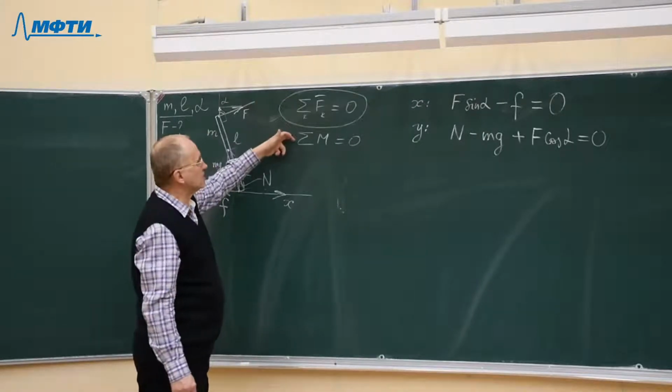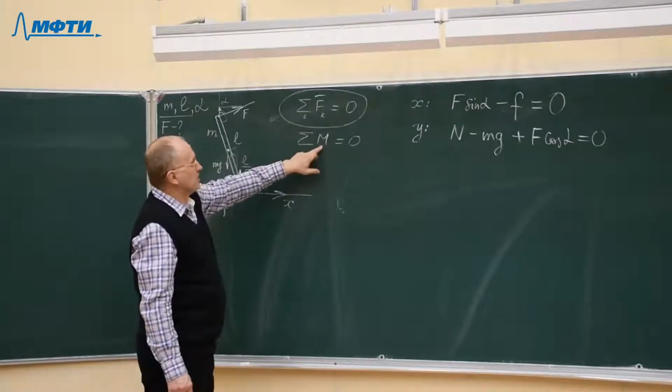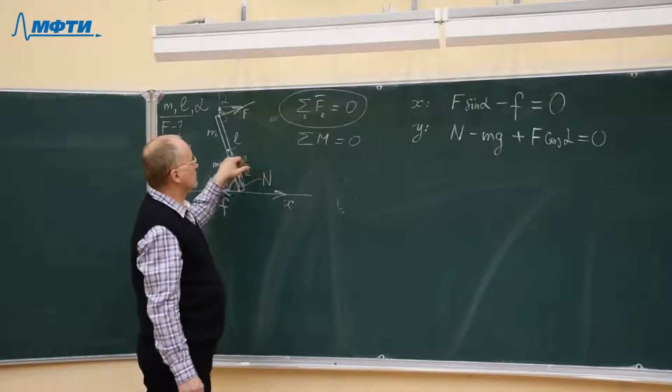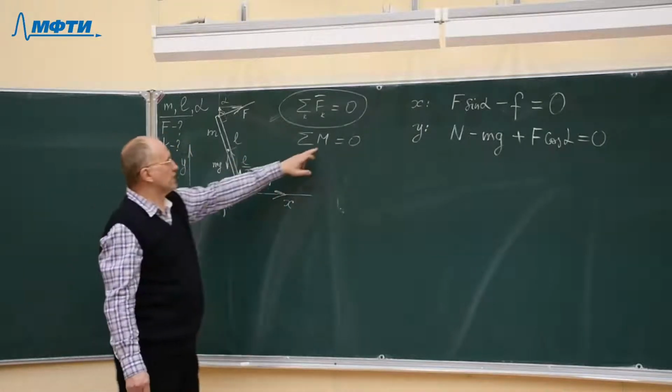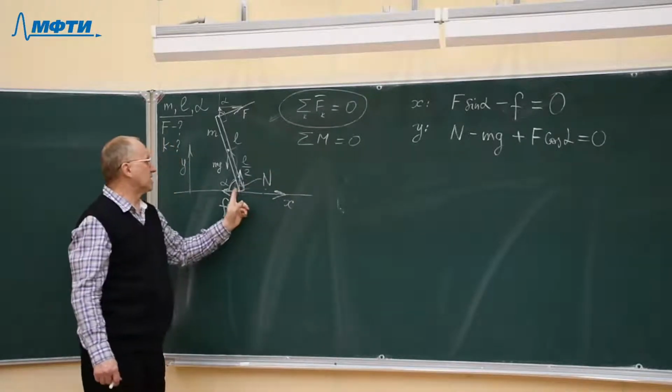And the second condition is that the net torque acting on the object must be equal to 0. In order to calculate a torque, we must choose an axis of rotation.